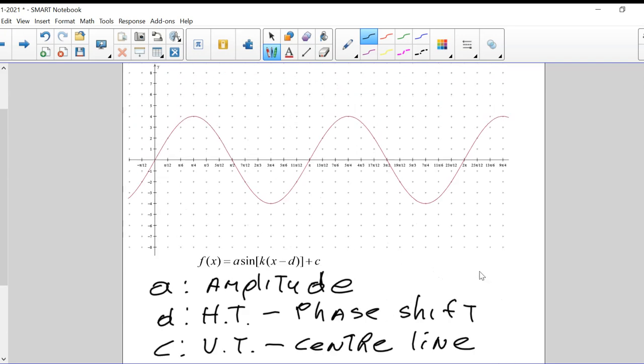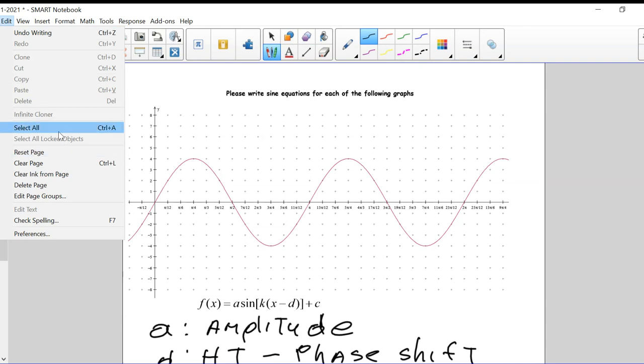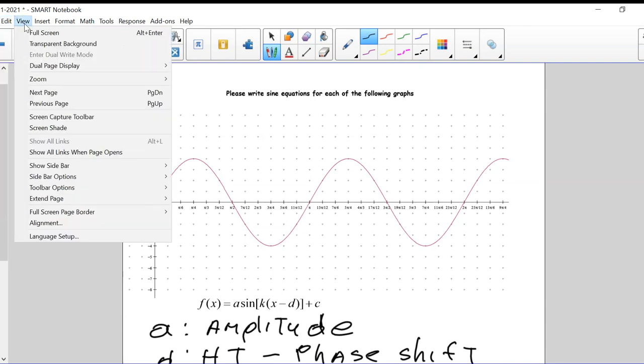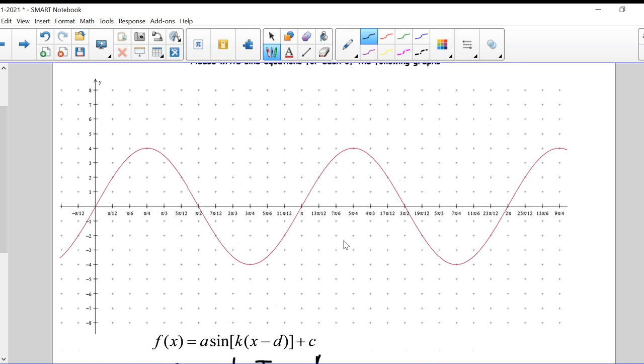Now let's see if we can start to put together an equation for this function. Okay? Everybody look carefully. I can make this a little bigger for you. Let's go to view and zoom to, already at 150%, but we can go to maybe 200%. Okay. So maybe you can see that a little bit better now.